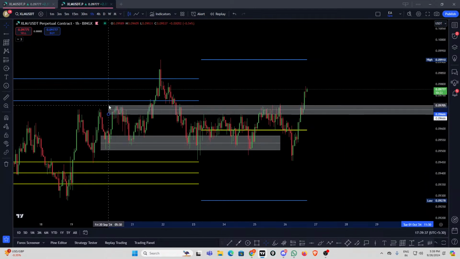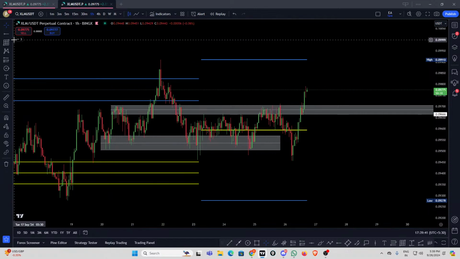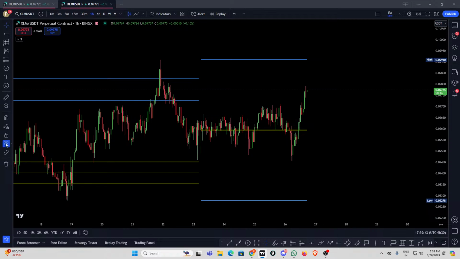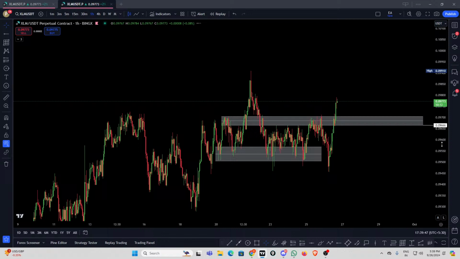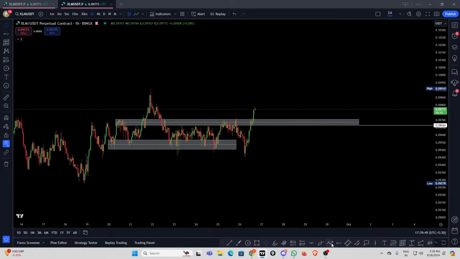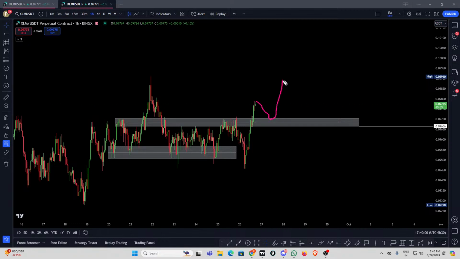Remember, we got a beautiful breakout. Now we need a retest. So wait for the candle to reach this area, then from this area you should plan your trade. Stop loss below this zone.